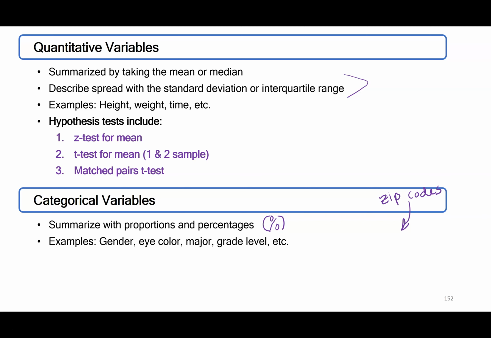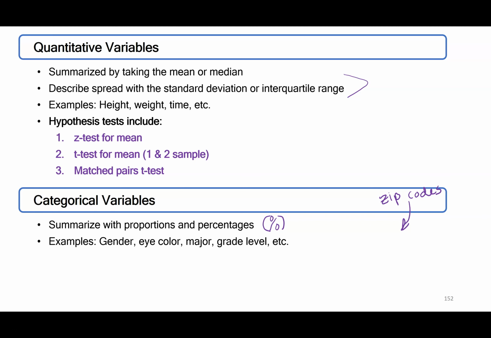So example, gender and sex are used a lot in stats. There a lot of times they're used interchangeably, just a caution. Eye color, so maybe brown, blue, green, whatever colors you want to include there. Major, day of the week, grade level, etc. So these are typically not numeric.